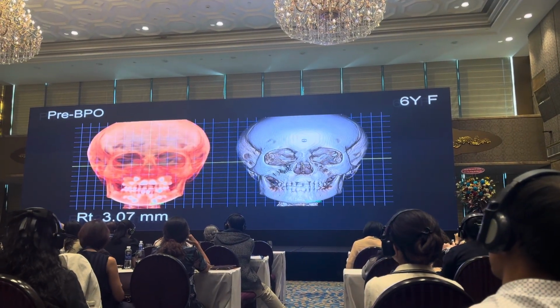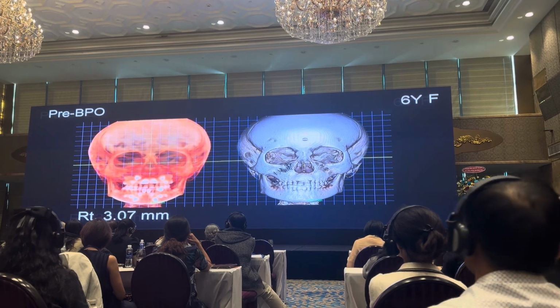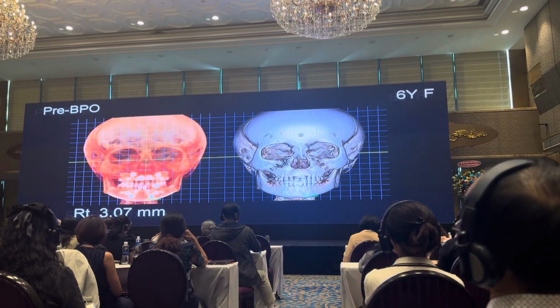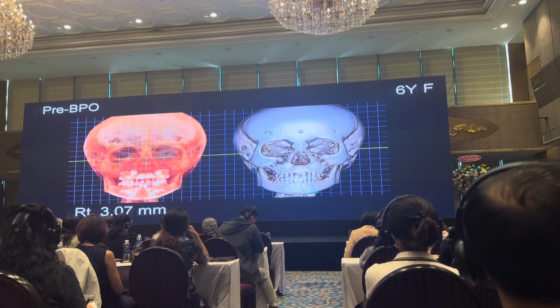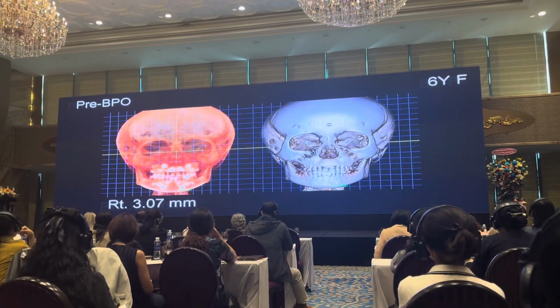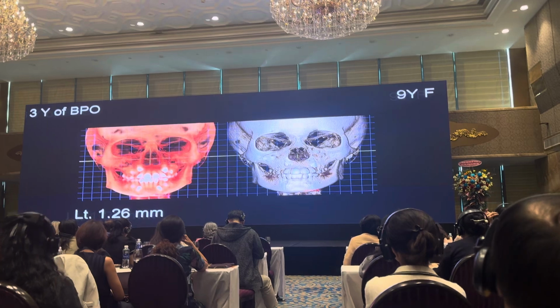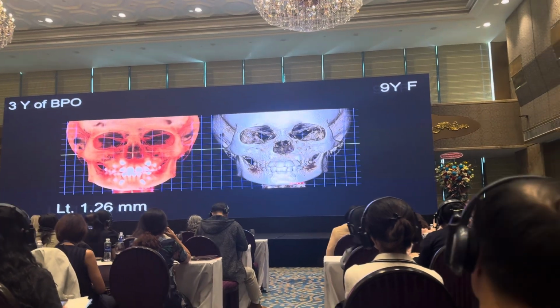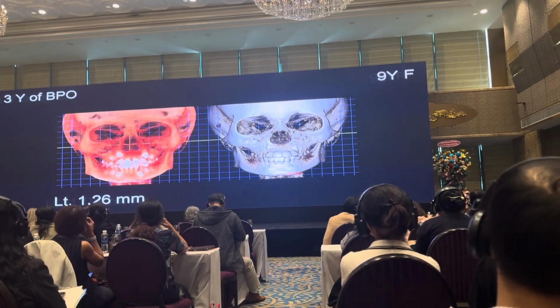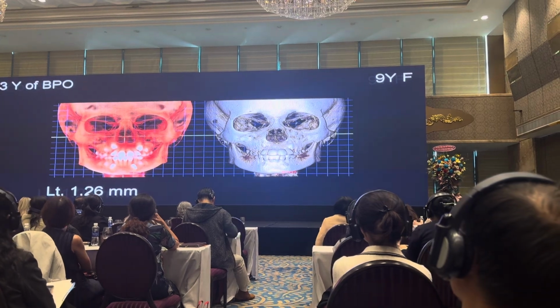Before the treatment, the patient showed right side 3.7 millimeter translation of the mental area. What happened to this patient? About a year later, the patient showed change of the midline or translation tendency.